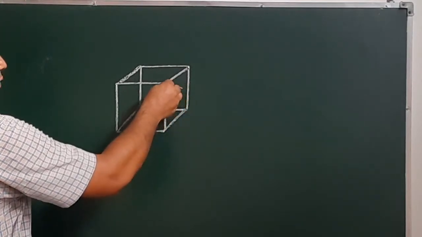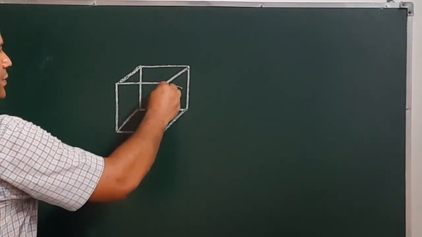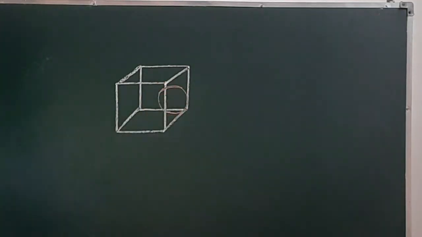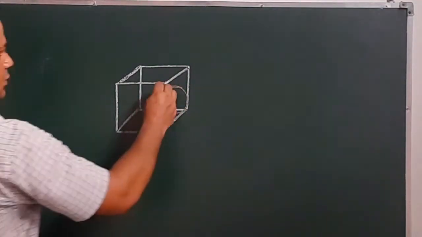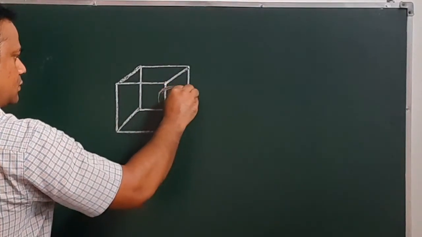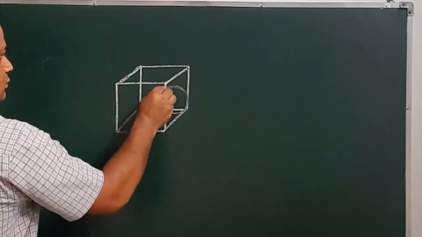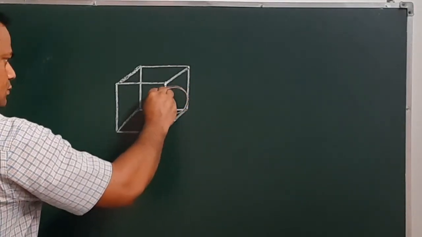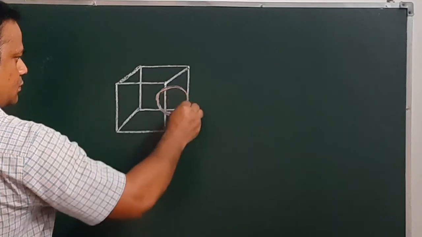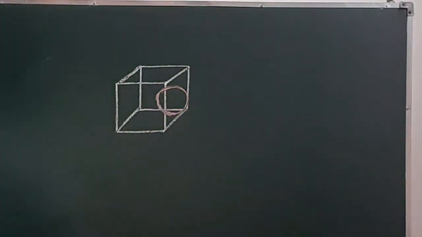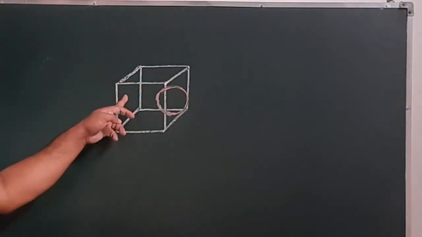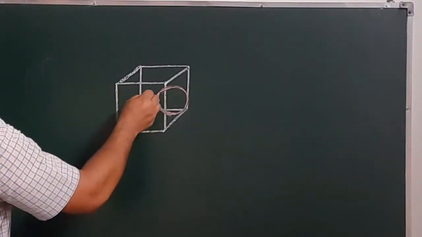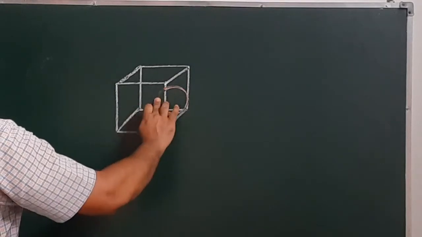So if we draw, this atom is representing that it is present at this face. And one atom is present at this face. So it will look like this and they should touch each other.